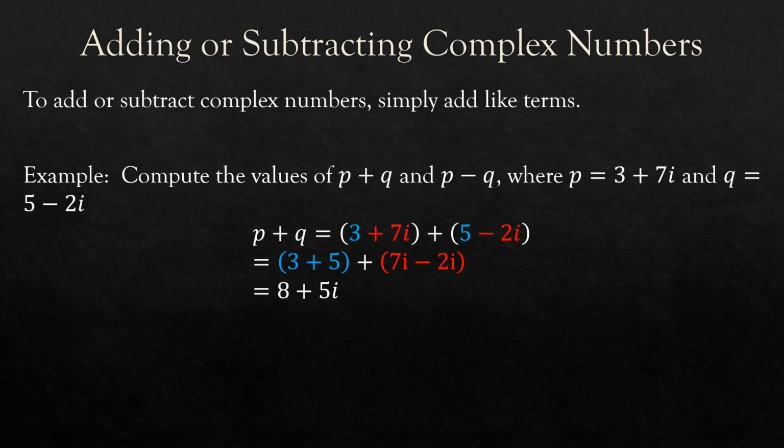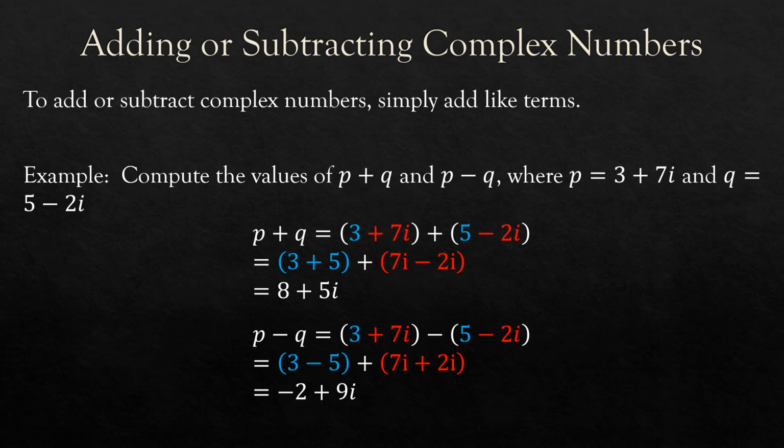The real parts are indicated in blue, and the imaginary terms are indicated in red. So we'll separate them. We'll add 3 plus 5 because those are both real parts, and we'll add 7i minus 2i because those are both the imaginary parts. And if we do this, we get 8 plus 5i.